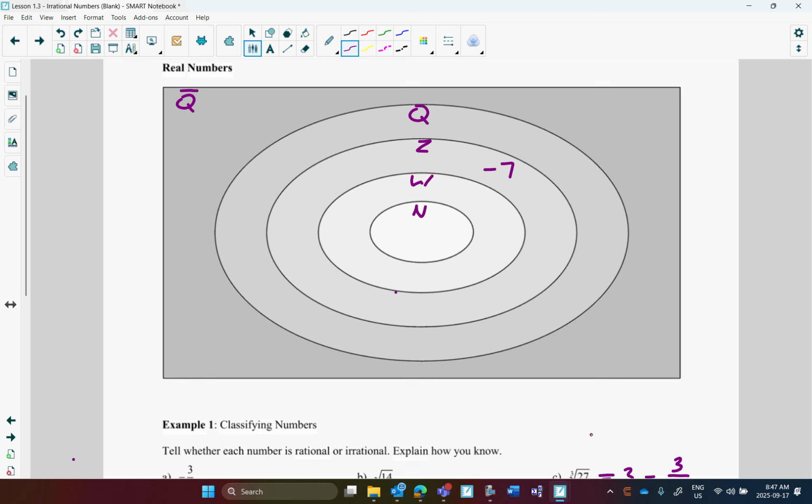Well, it's obviously not one of these. It's not one of these, it's not one of these. Can I write that decimal as a fraction? Yes. So it's here. It's in the Q oval, but it has to be outside the N, W, and Z ovals. Where would I put 0? In the W, but outside the N.